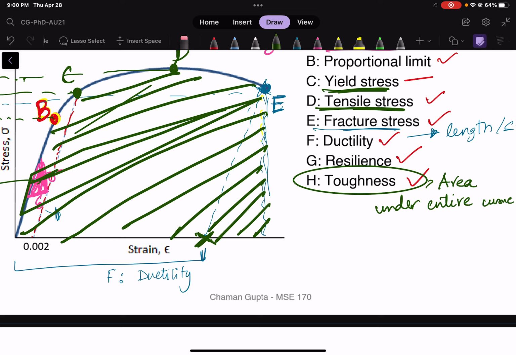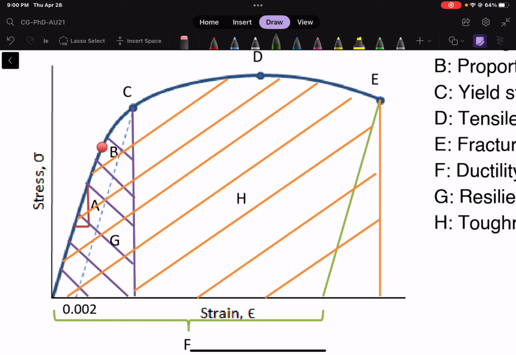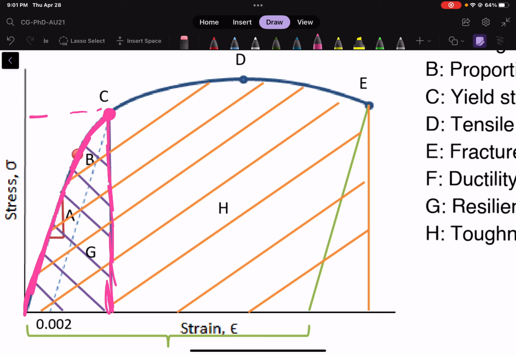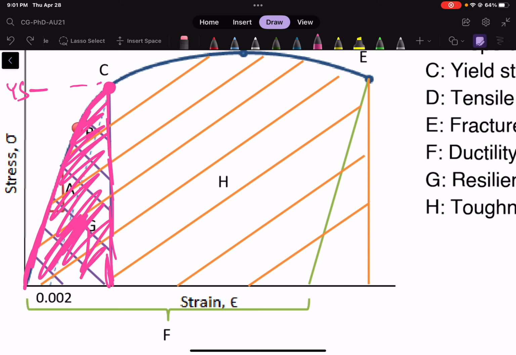All right. Now with resilience, that is the area as shown here. Let's use pink on this. So this pink area that I'm drawing is till the yield stress. Again, remember point C is the yield stress. The area under this entire area is your resilience.